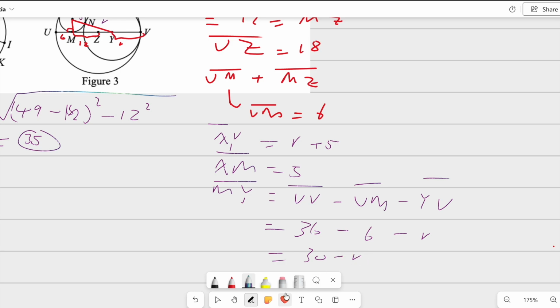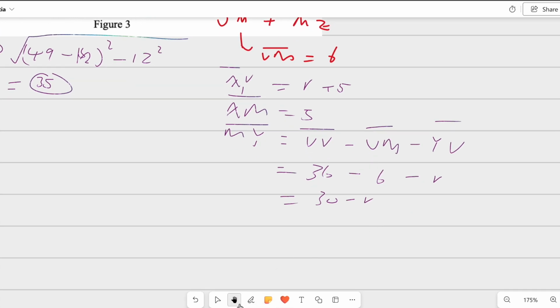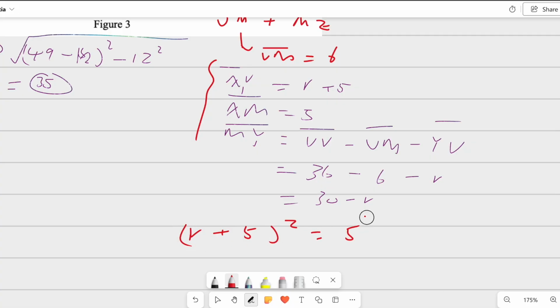And then we combine these three together to form our system, where R plus 5 bracket square is equal to 5 square plus 30 minus R bracket square.